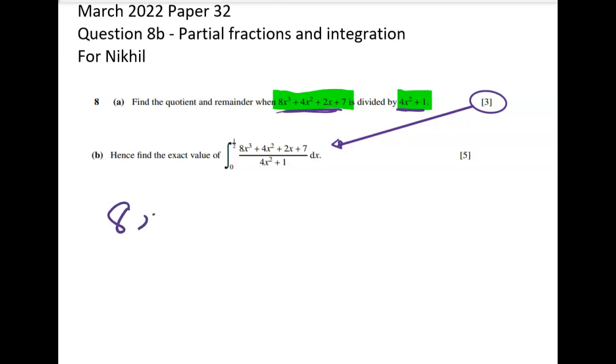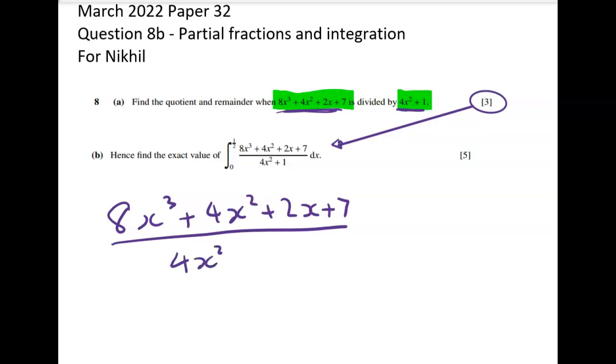So let's just write it out like this. 8x cubed plus 4x squared plus 2x plus 7 divided by 4x squared plus 1. When I look at that, what I'm going to try and do is match up the 4x squared with something times 4x squared. We'll just go from there and see what happens. And it falls out reasonably nicely.